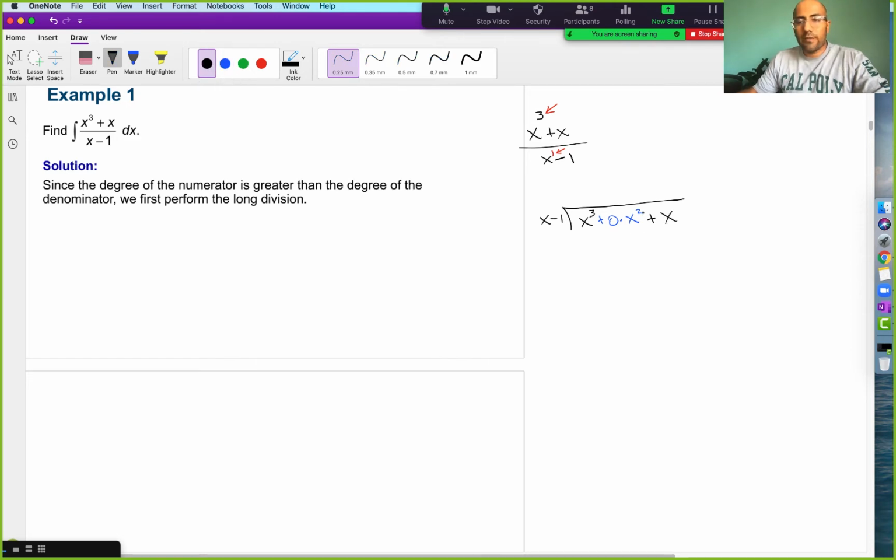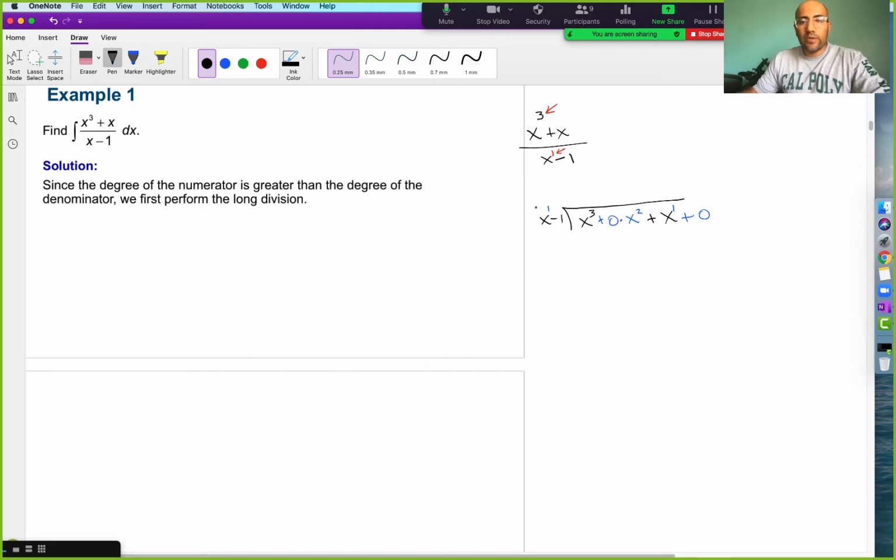So power of 3, power of 2, power of 1, and then we also introduce another 0 out here, plus 0. So all of the powers are represented in descending order: power of 3, power of 2, power of 1, power of 0. Same thing here, they have to be represented, but this one only started with degree 1, so degree 1 and then degree 0. So they're all there. Good.